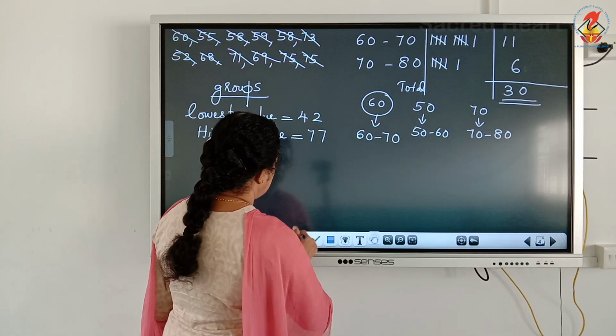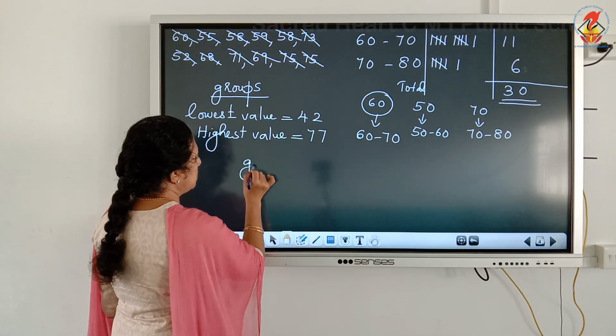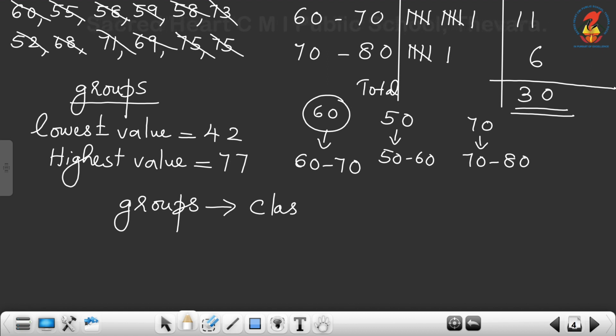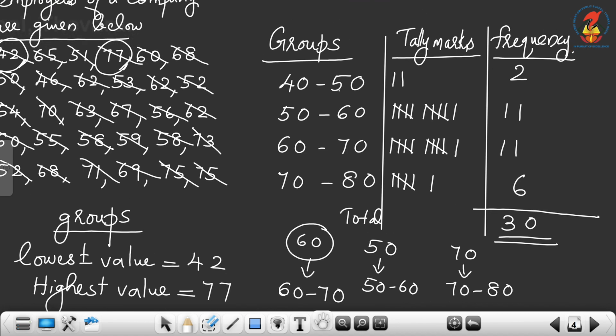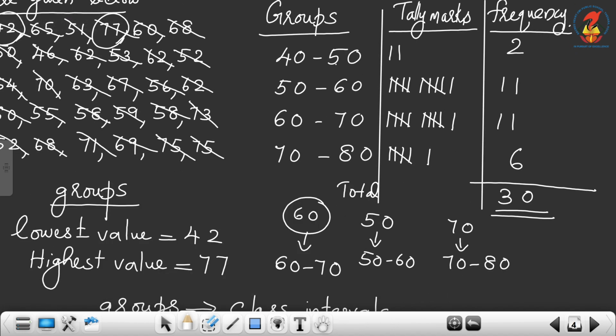The groups we can call class intervals. So instead of writing groups, we can write class intervals.